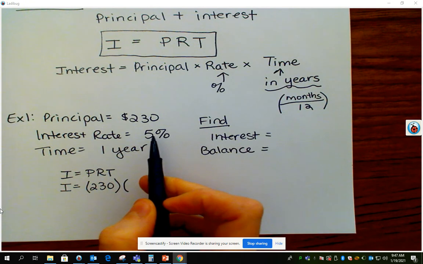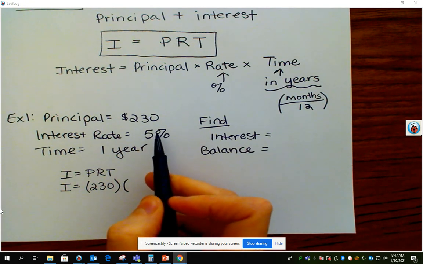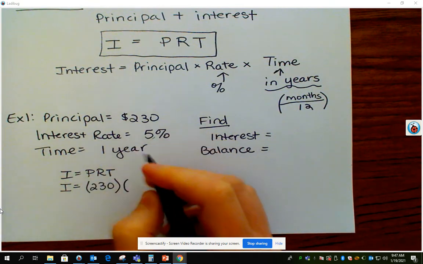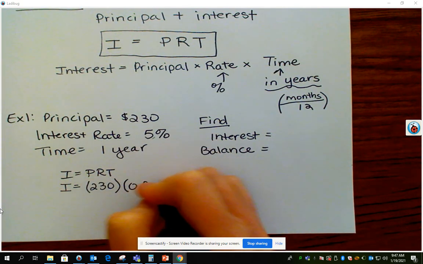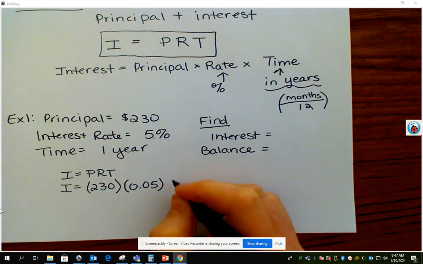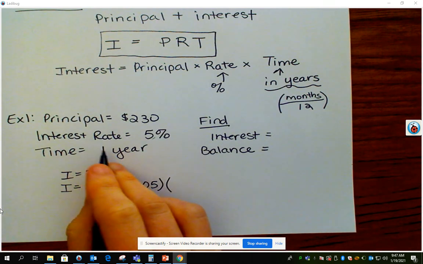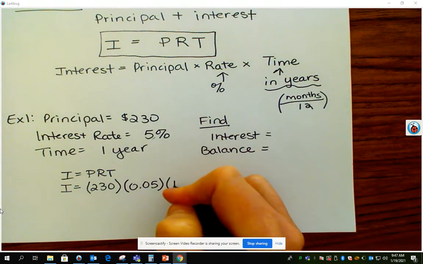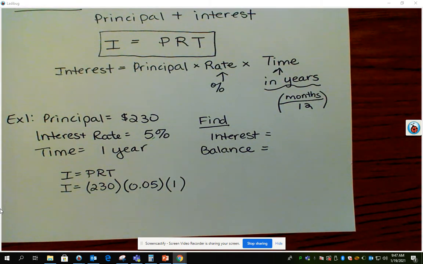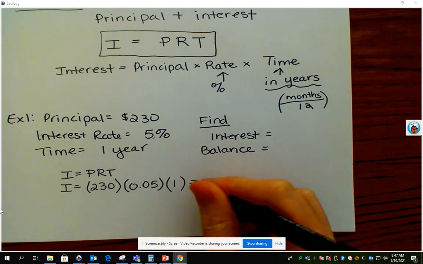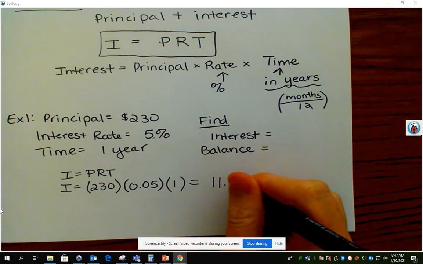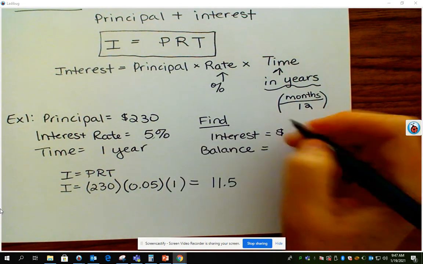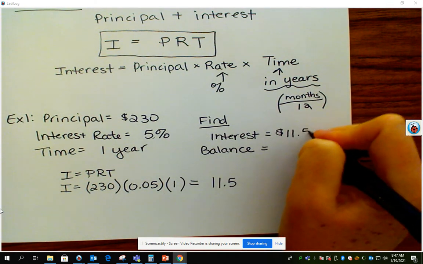Now, just like all the other things we've done with percents, we're going to write this as a decimal. So we're going to move our decimal 2 places to the left, so 0.05, times the time, and our time is 1 year. Remember, our time needs to be in years, so that's just times 1. Okay, when I put that in my calculator, I'm going to get 11.5. So that means that for this small loan, the interest will be $11.50.